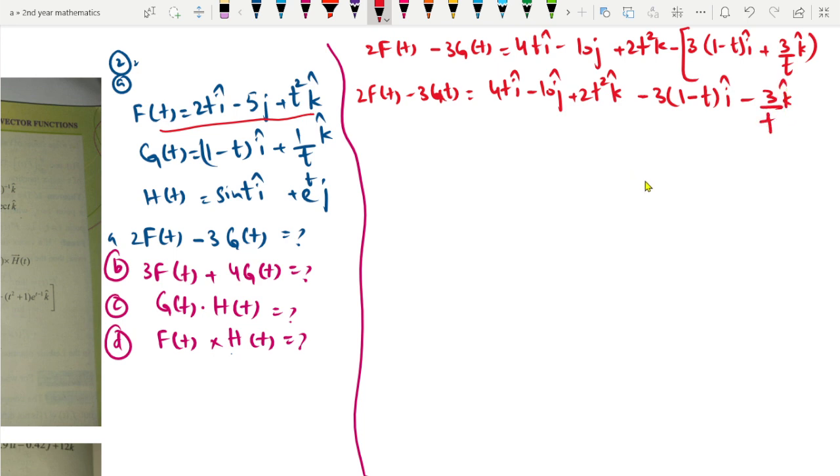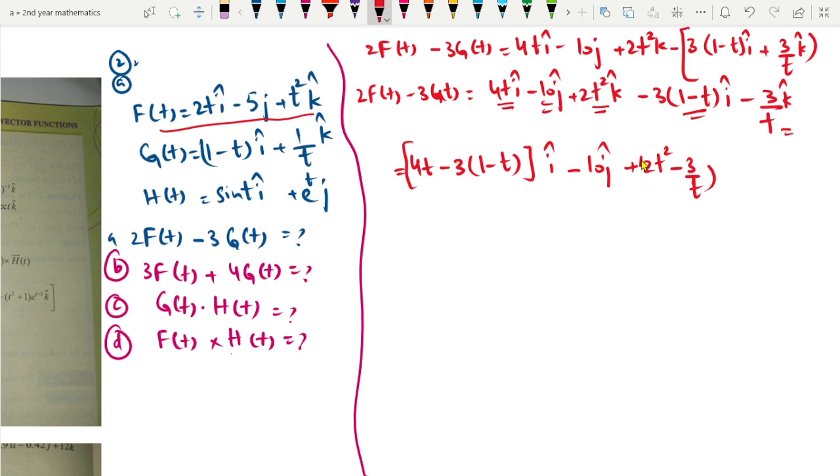Now in this we add only i with i, and we only add k with k. So this will become 4t minus 3 into 1 minus t, and this will become i, and we have no other j, minus 10j, and add this with this one, so this will become plus 2t square minus 3 divided by t k.